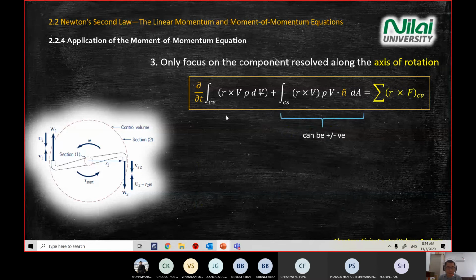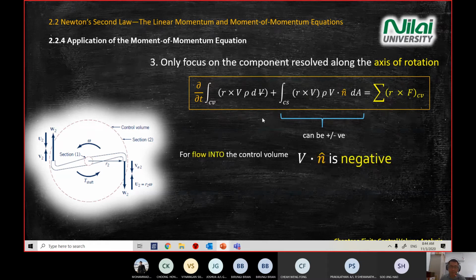All right, so if you look at our MOM equation, every time we have an n hat here, meaning this term can be positive or negative, depends on our direction. So just a side note on positive, negative. When the flow is in, we get a negative. The product will be negative. Again, this is the same concept as we learned in our linear momentum section.